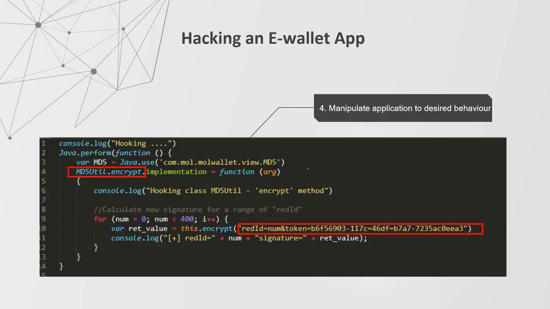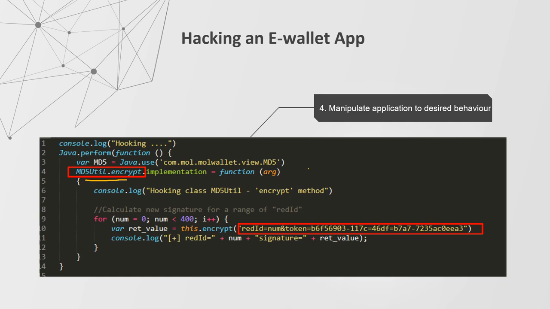So now I know roughly how and where the signature is being generated. So I wrote this simple Frida script. Let's go through it together. We want to hook the MD5 util encrypt method, which is what we saw before.